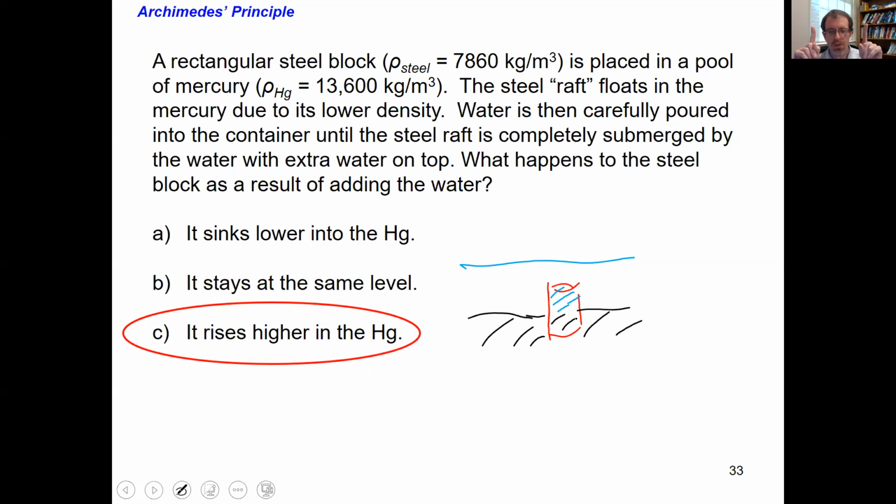As a result, it is going to rise up higher because it's got an additional force acting on it to balance out its weight. So kind of surprising, but there it is. And if you do a little YouTube video search with some appropriate words, you can absolutely find a demonstration of this. So kind of cool. All right.